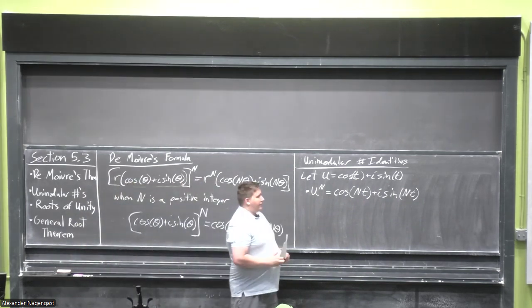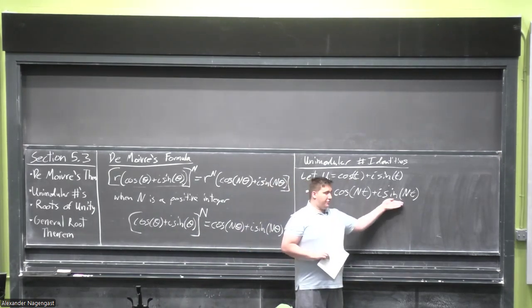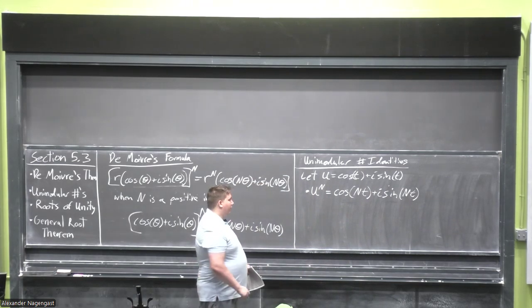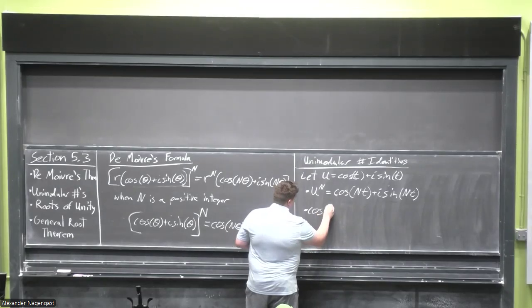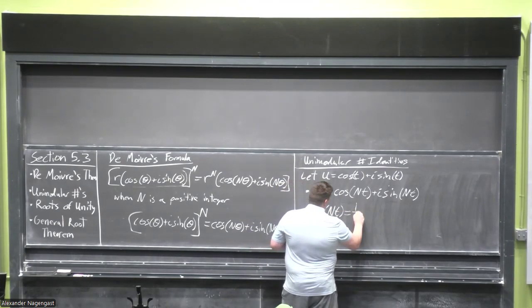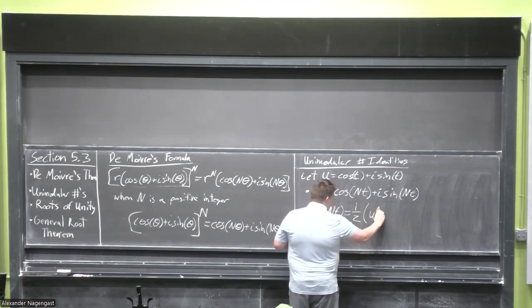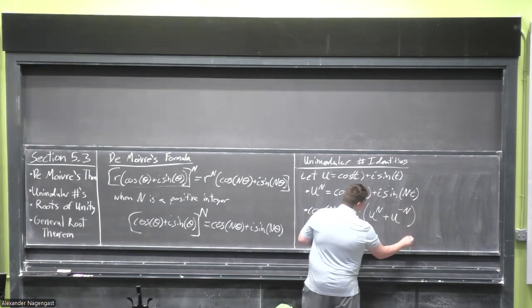Now we can look at this and say, what if we're only interested in cosine of nt? What if we're only interested in sine of nt? Well, when we work through it, we end up finding that cosine of nt is equal to 1/2 times u to the n plus u to the negative n.